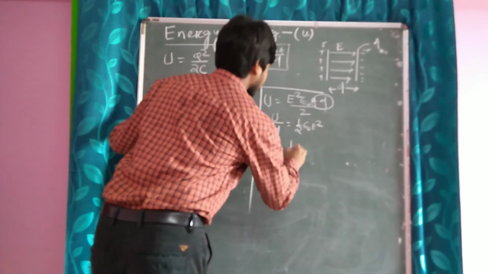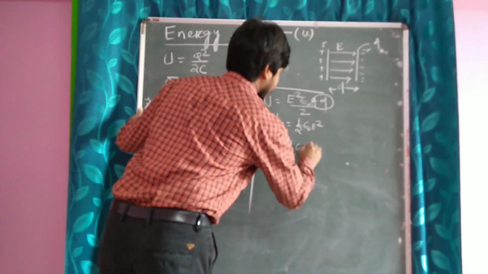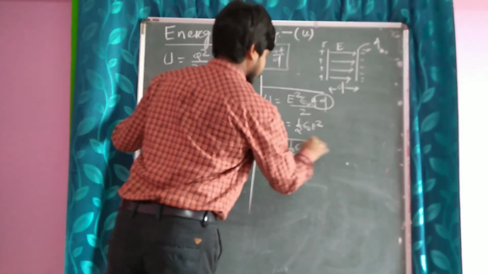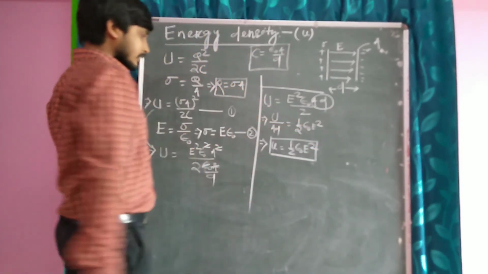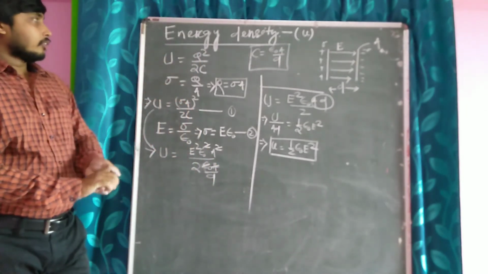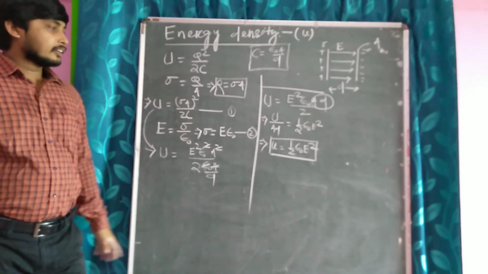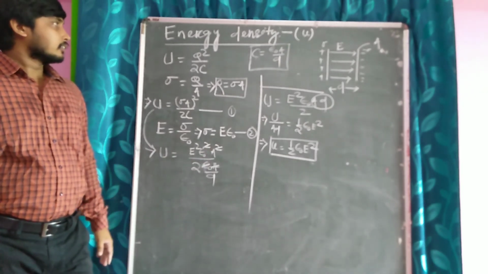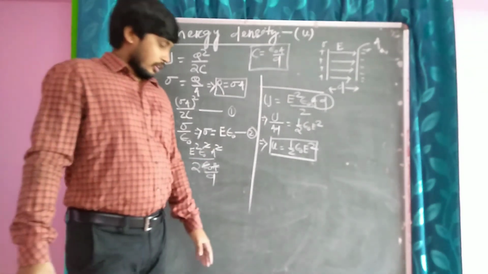So u will be equal to half epsilon naught E square. So student, this is the expression for the energy density of a capacitor.